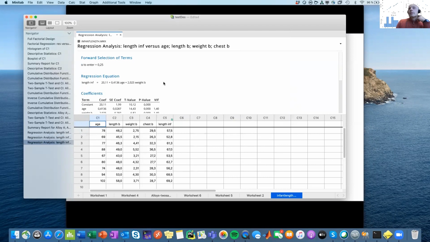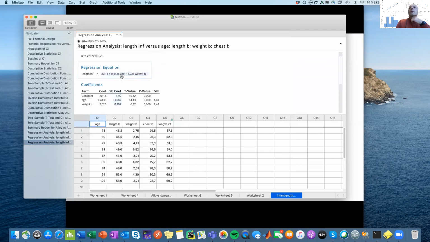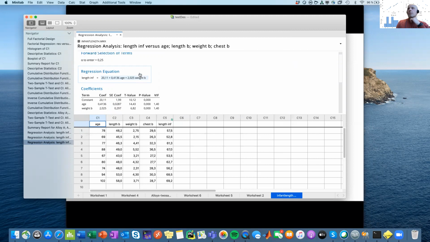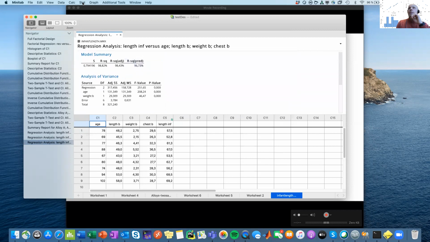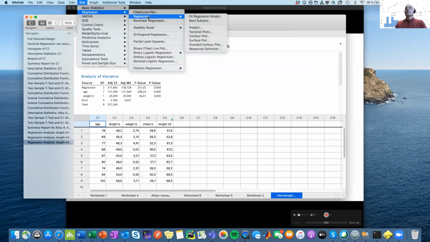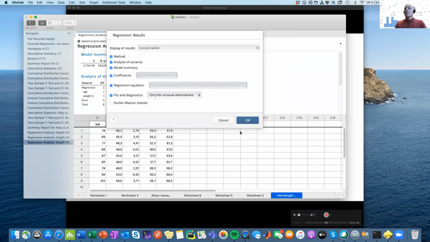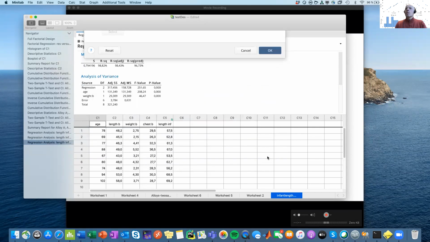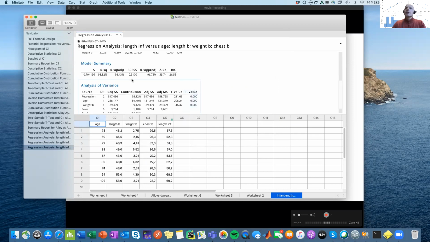And then you see that it starts off with, it gets age and weight as the natural covariates, and then stops. And I can get more out here. If I run it again, you'll see I can get more results out. So if you check off options or results here, we can have expanded tables, and then we get some more results of what's happening here at the different stages and so on.